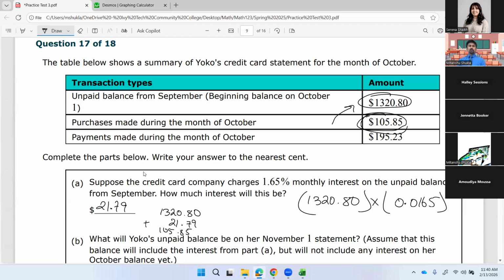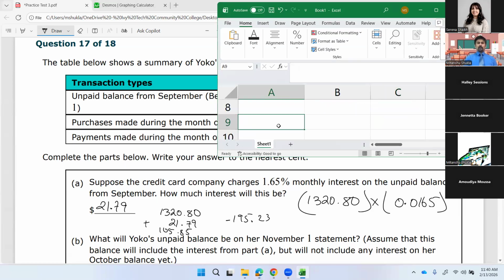And then she did make a payment in October of 195.23, so I need to subtract that.